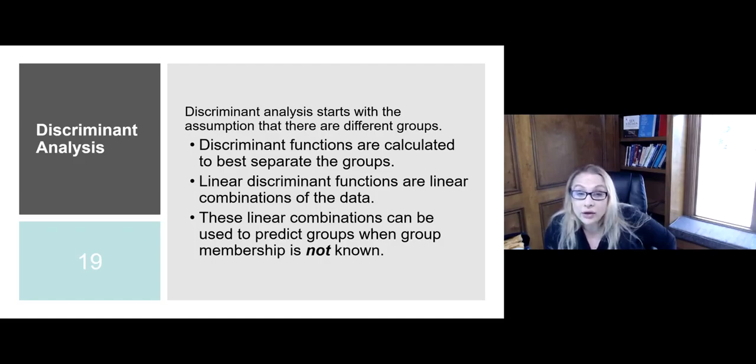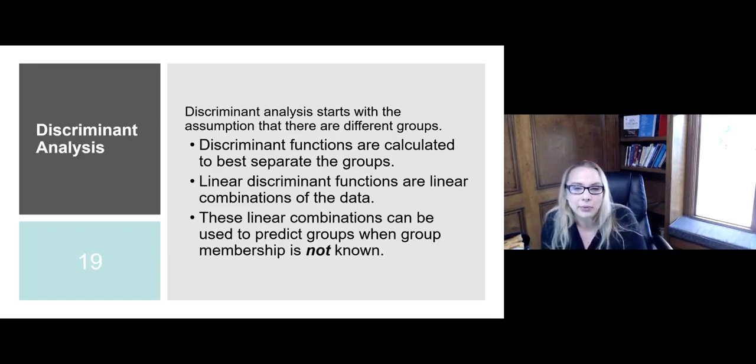So, linear discriminant analysis classifies observations based on the distance of an observation from each of the class averages and can be thought of as a classification rule that separates a two-dimensional region into 2 parts. The linear discriminant functions are combinations of continuous data, and these linear combinations can be used to predict groups when the group members are not known.